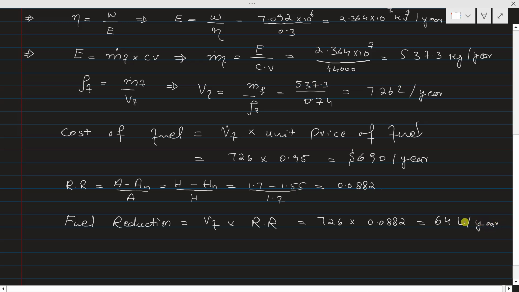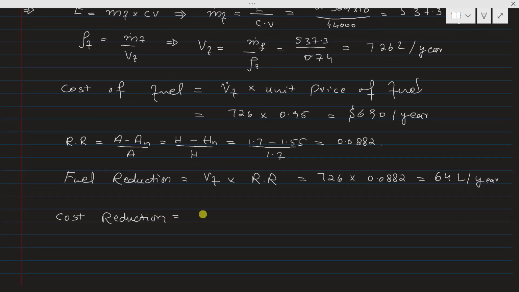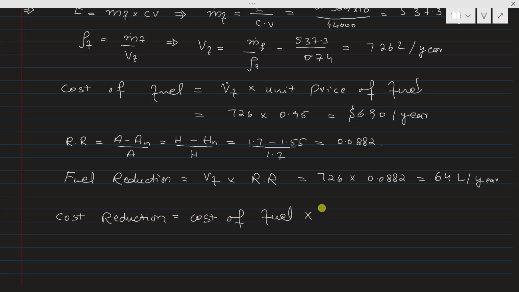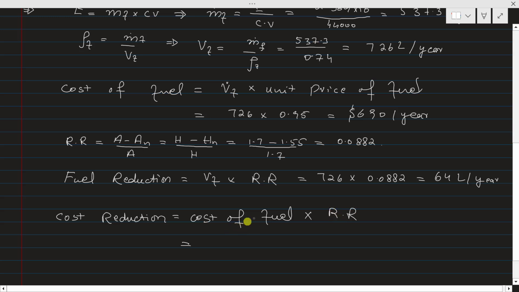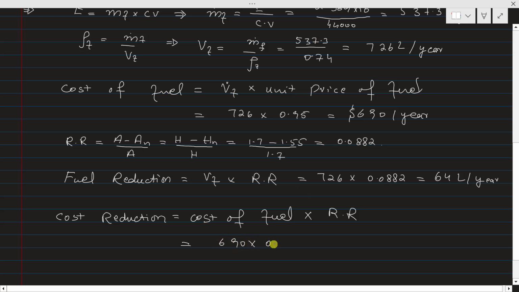Less fuel will be consumed. Next is to find the cost reduction. Cost reduction is equal to cost of fuel multiplied with reduction ratio. Cost of fuel is $690, multiplied by reduction ratio 0.0882.